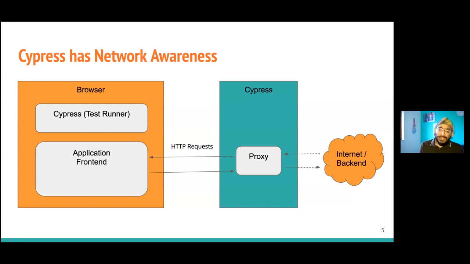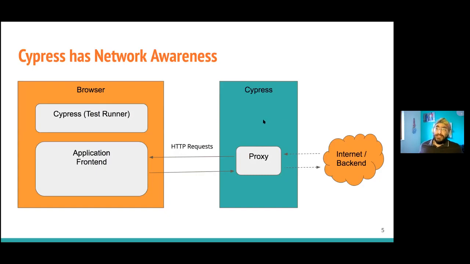The traditional Selenium way is basically you act as an end user, you interact with your browser, and you observe what a normal user can observe more or less visually or on the DOM level. But this is a representation of the Cypress architecture. This green box here is the Cypress application, a Node.js application.